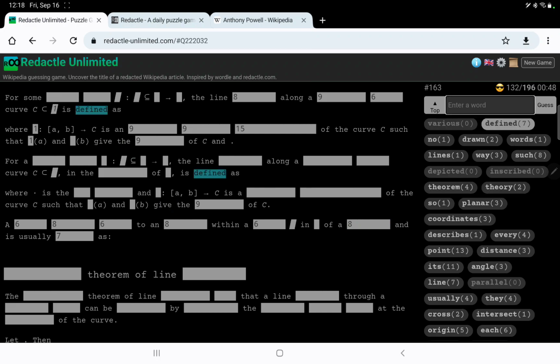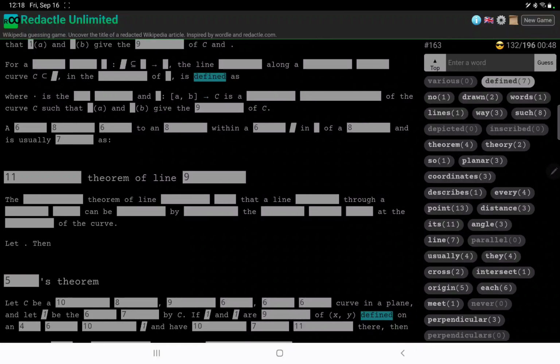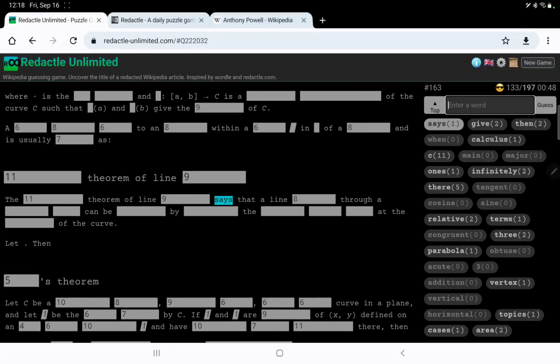Usually defined as 11th theorem of line 9 maybe says that a line 8 not passing through a something something can be 9 by 10 by calculating.